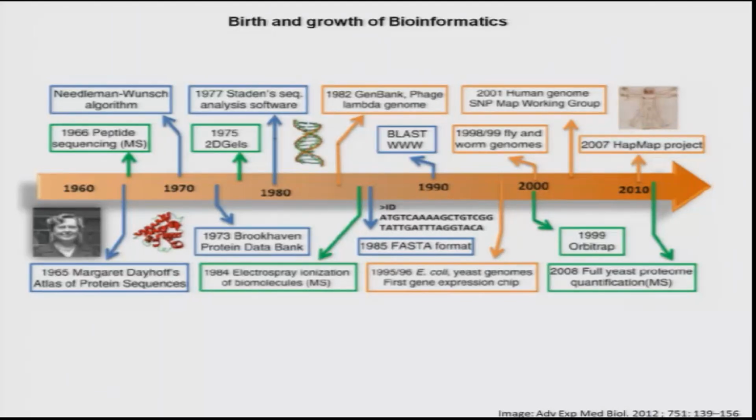As I said, in the 1970s algorithms and computational tools came in to understand the protein and its structure and so on. And then a large number of proteins were sequenced. Like we talk about GenBank, which came much later, there was a Protein Data Bank which was developed, and all the protein sequences were deposited over there.